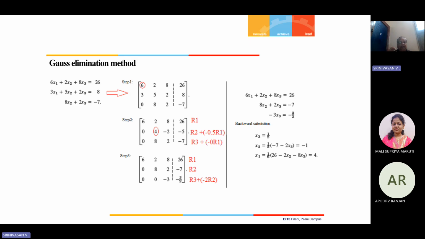Now, in general, supposing you are having a zero element in the first row, and especially you are asked to do by partial pivoting method, of course, same Gauss elimination, it lays some emphasis on a kind of interchange of rows, because even before we resort to taking up partial pivoting, if you find zero in the first row, first column element, you need to interchange that row with any other row where you have a non-zero element.